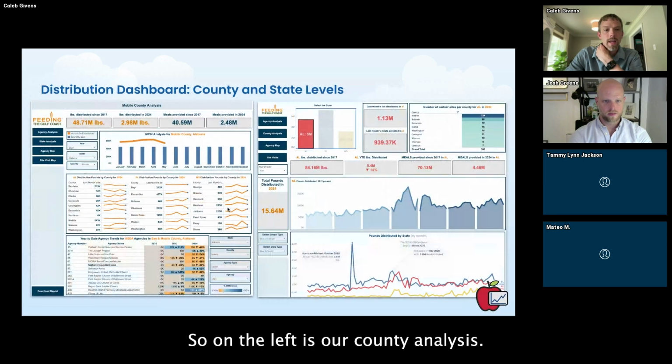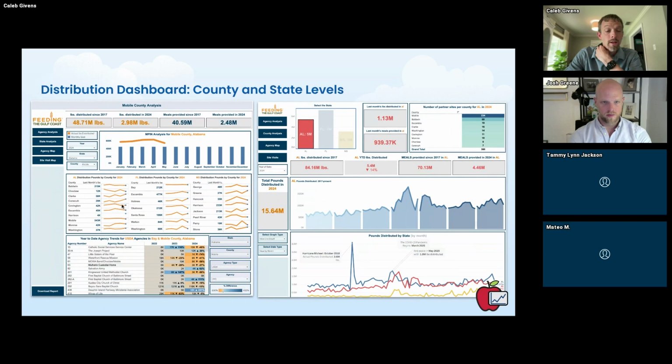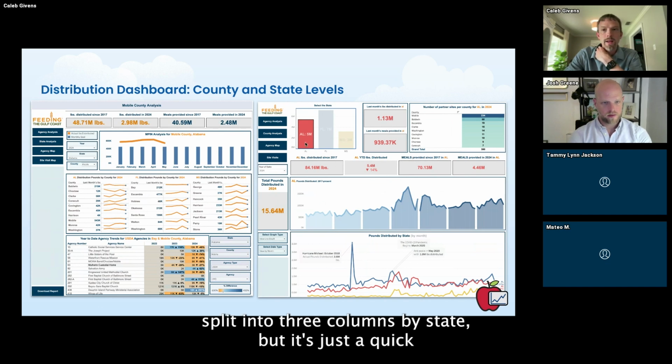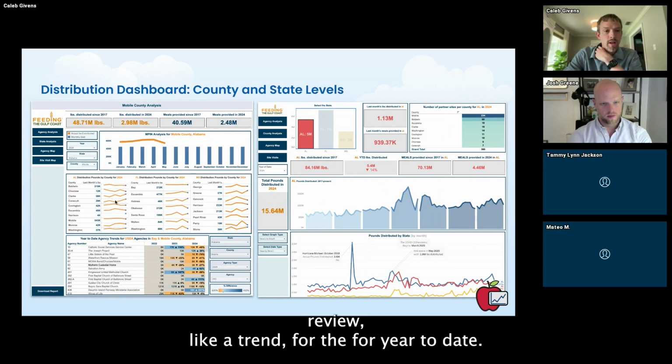An example is, on the left is our county analysis. In the middle, you'll see a viz that's called Spark Lines. It's a lot of data. It's every county we serve, split into 3 columns by state, but it's just a quick view, like a trend, for year to date.